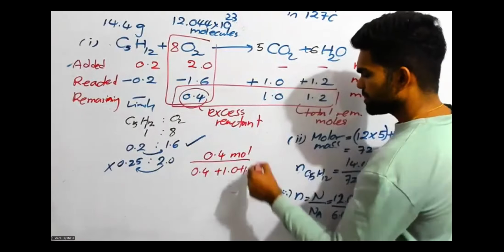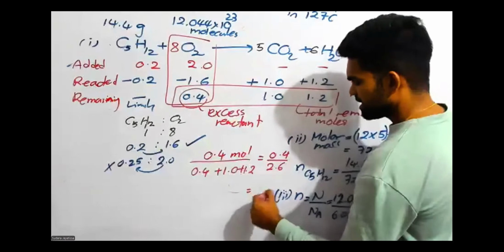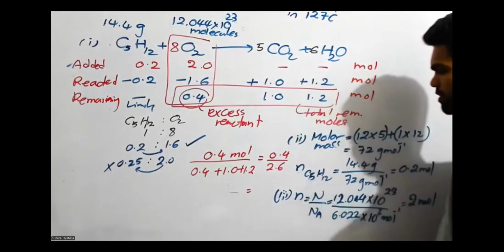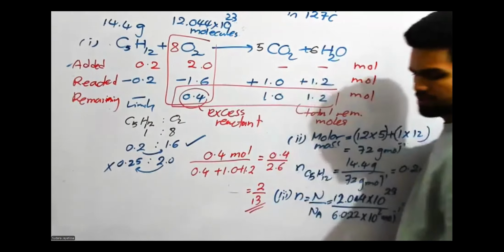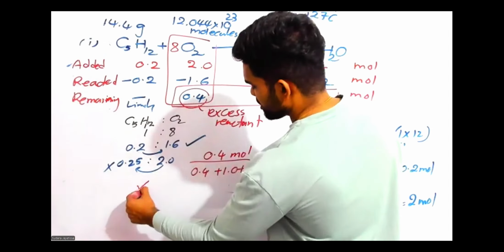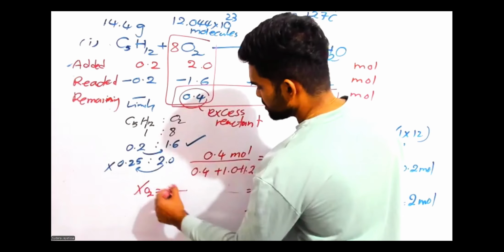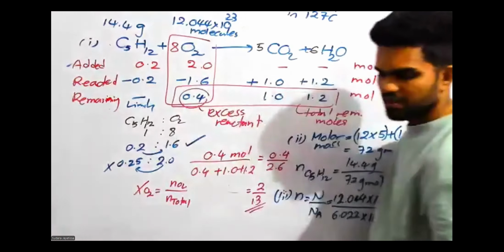So 2.2, 2.6. So 0.4 over 2.6, or you can just say 4 over 26, 2 over 13. I hope you remember how to get the mole fraction. Mole fraction of O2 is equal to moles of O2 over total moles. This is what we did here.